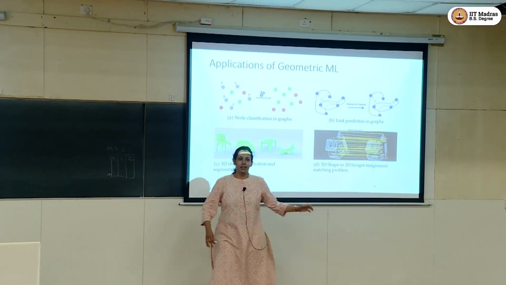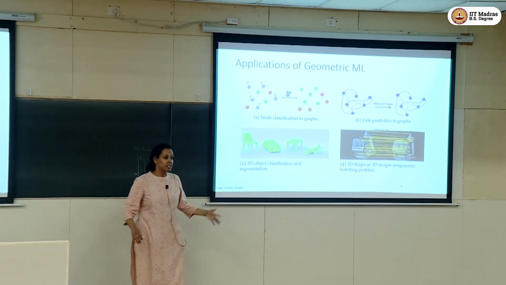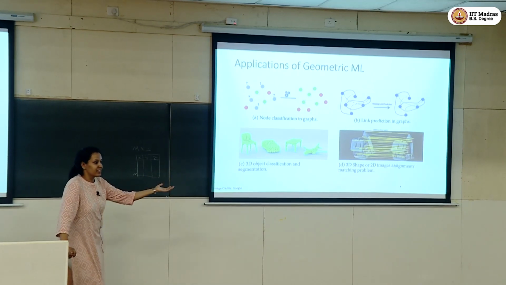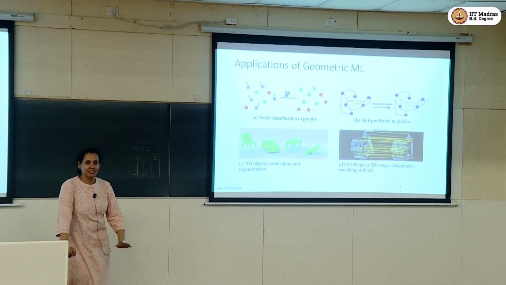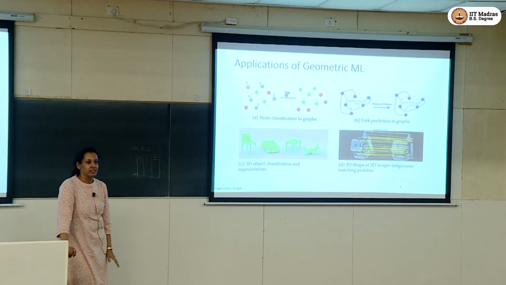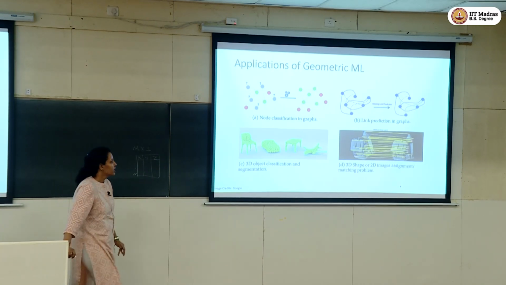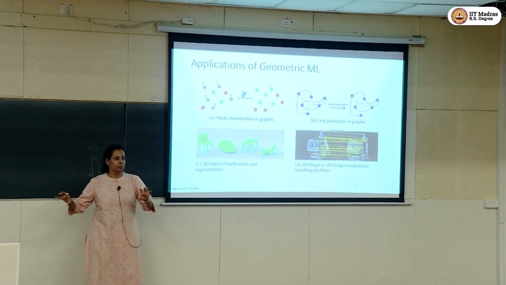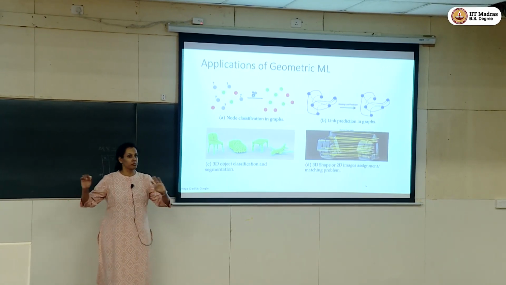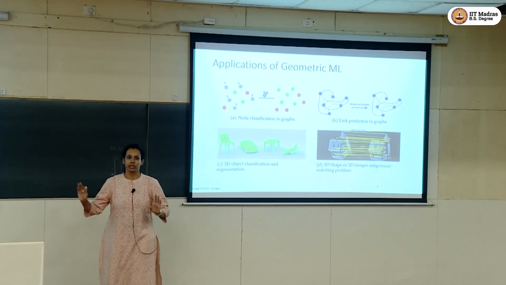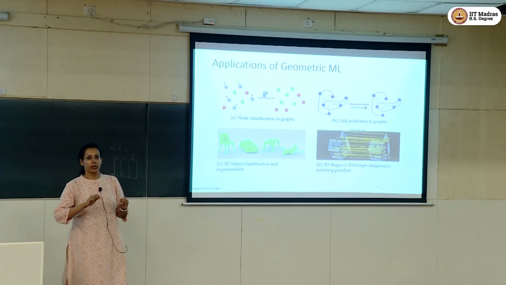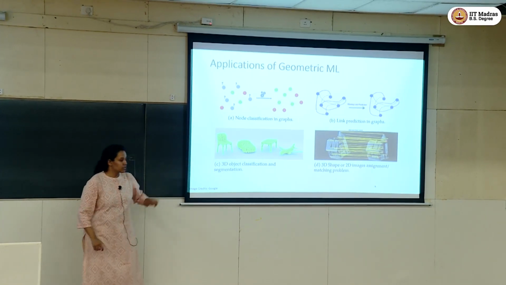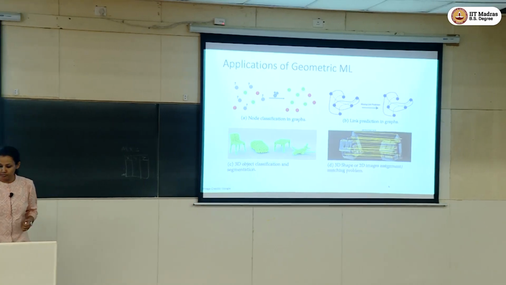Sometimes I have heard some people say that this is an easy problem, but this is not an easy problem. I can say this very easily, but a machine doesn't match it very easily. It's a very difficult problem, right? So how can you match? Because sometimes there is occlusion in one picture, sometimes the point is present in one but not in the other, if you take from different angles, right? And there are so many points, how do you connect some points, right? So this is another problem.